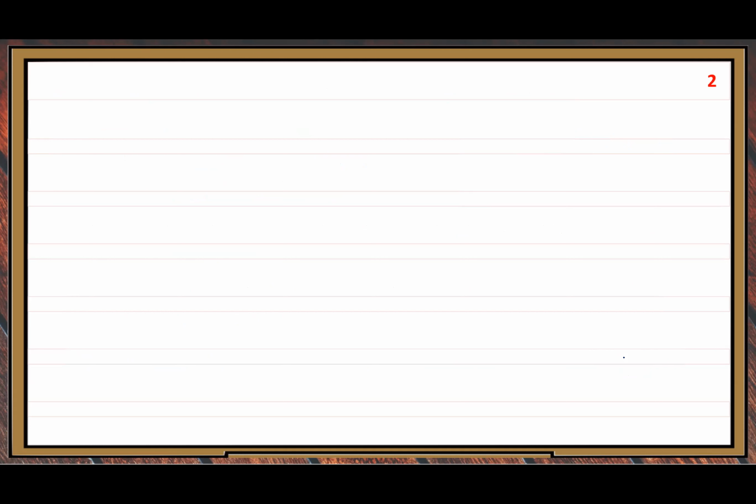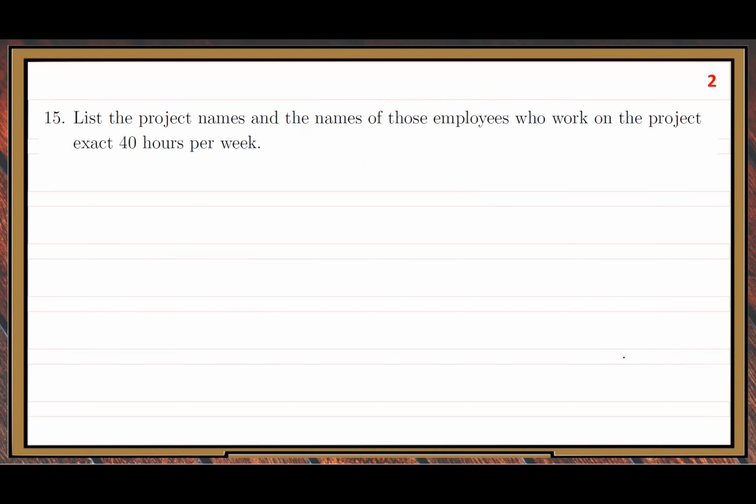Next question. List the project names and the names of those employees who work on a project exactly 40 hours per week. In that works underscore on table, we have this information. You need to get the total number of hours for each employee.